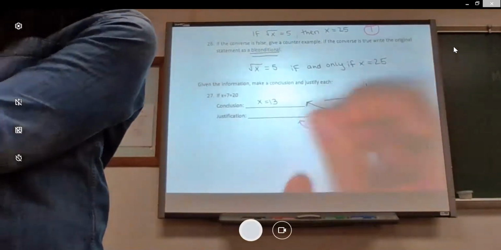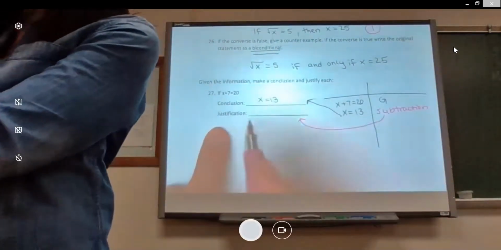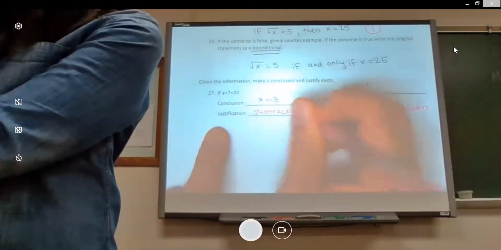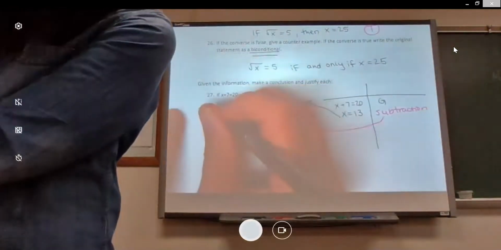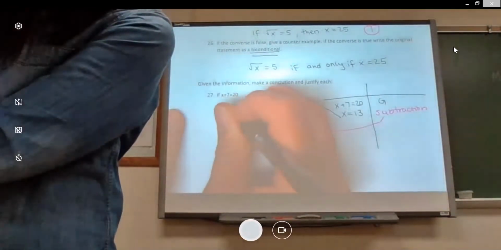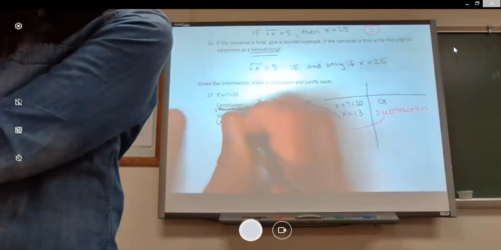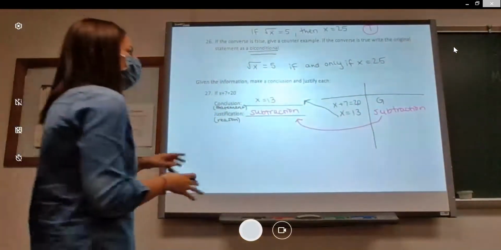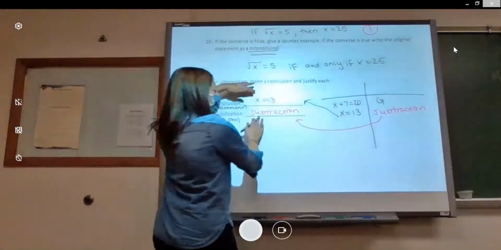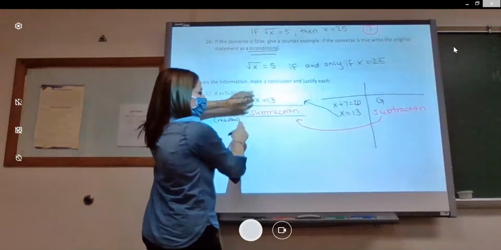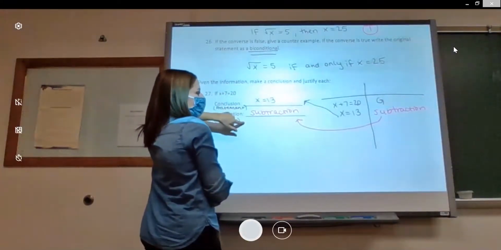That is what my justification is. So really, conclusion is like, in our proof, the statement we make. And justification is the reason we can make that statement. So it's taking this and writing it a little differently. If this is true, then this is, that's why. And if this is true, that's why.